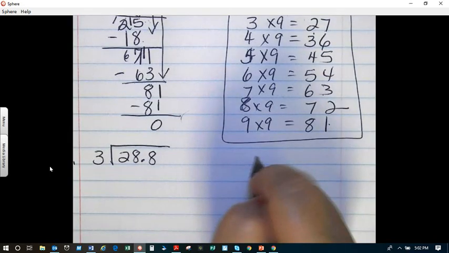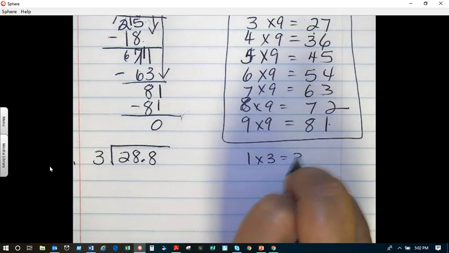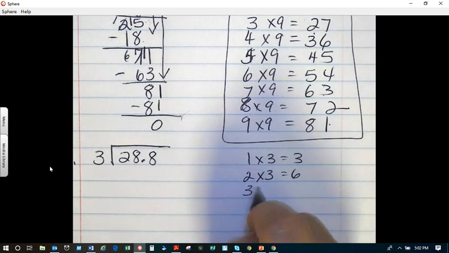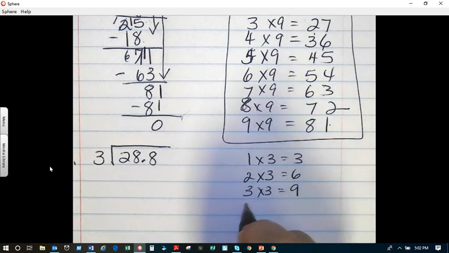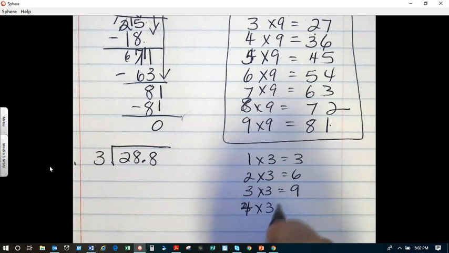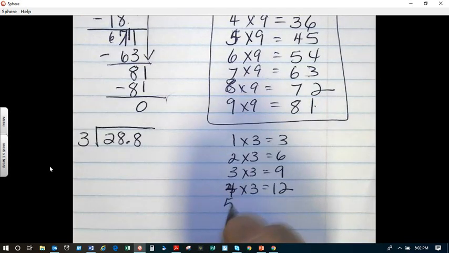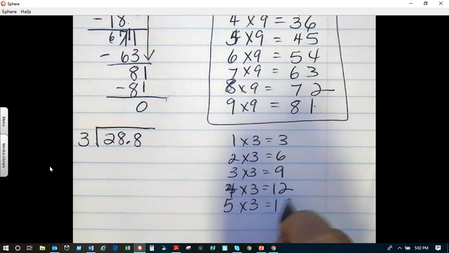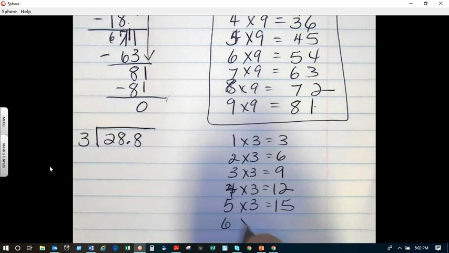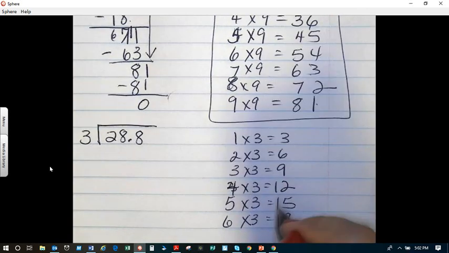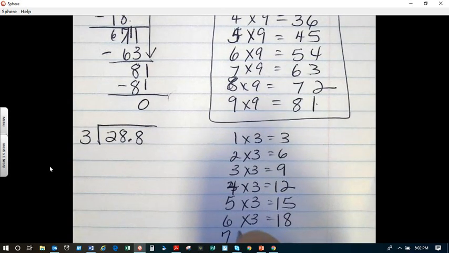Alright, so it's 1 group of 3 equals 3. 2 groups of 3 equals 6. 3 groups of 3 equals 9. 4 groups of 3 equals 12. 5 groups of 3 equals 15. 6 groups of 3 equals 18. 7 groups of 3 equals 21.